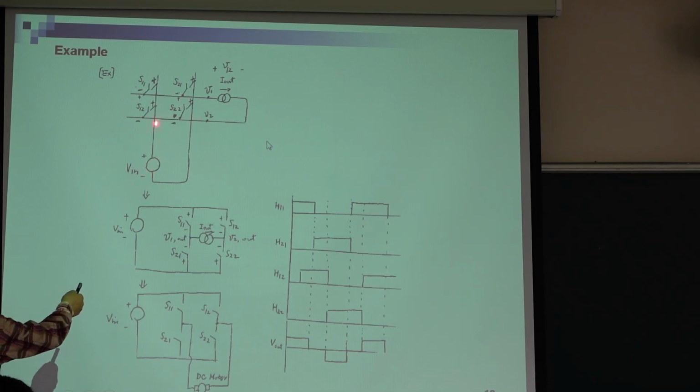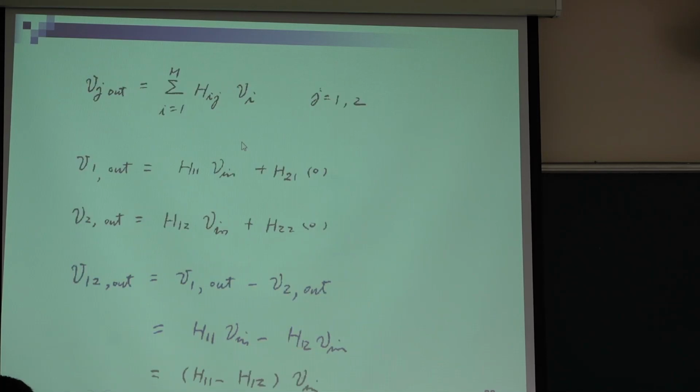So we can see it is Vin minus V2. So VS12. So now we can see VS12 here. So VS12 here. So it is V1 out minus V2 out. But V1 out is H11 Vin minus H12 Vin. So it is here.